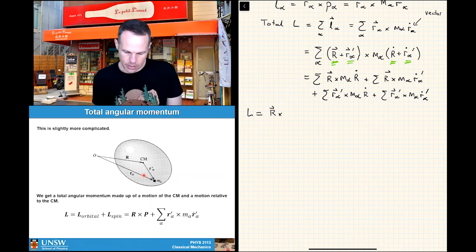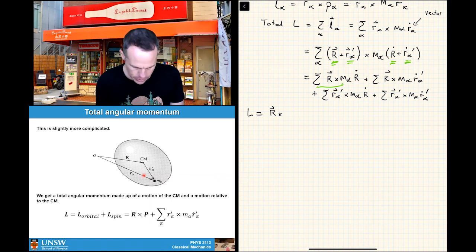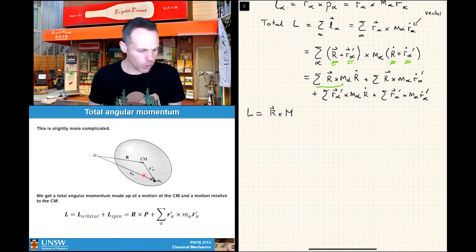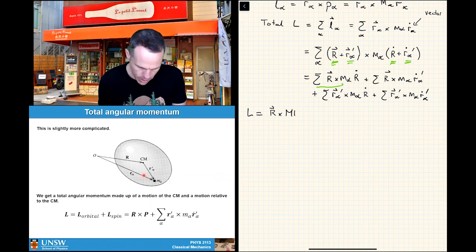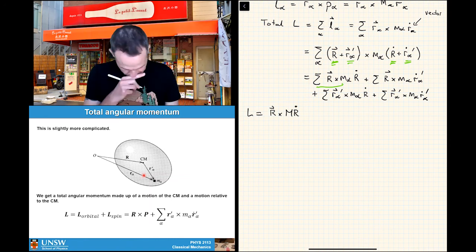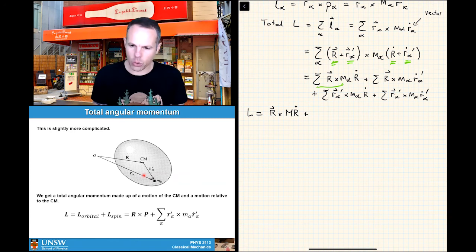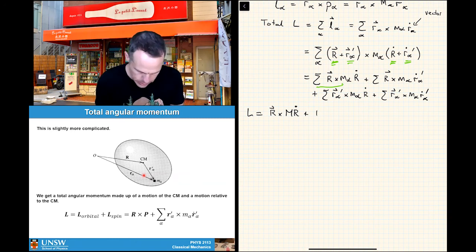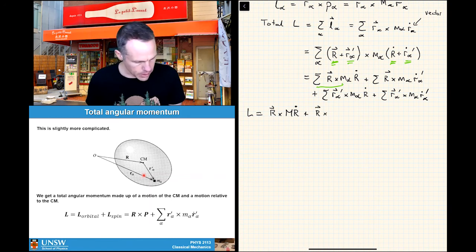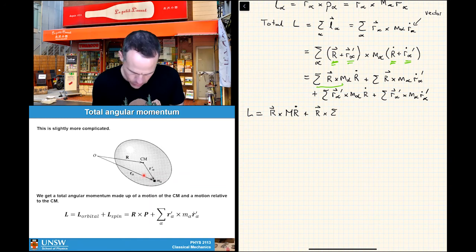The sum in this first term here can apply directly to the mass, and that's just going to give me the mass of the whole object, M, R dot, okay? Plus this second term, I can pull big R out of the sum because the sum has no influence on it, so that's going to be big R cross sum over M alpha R alpha dash.